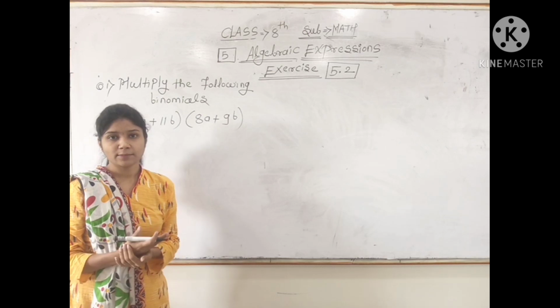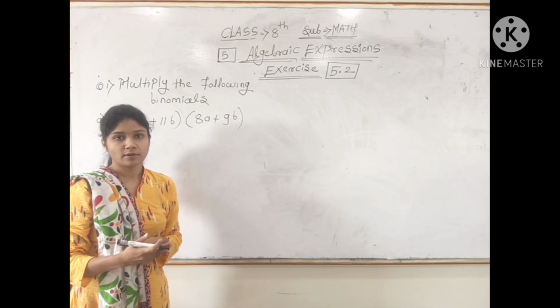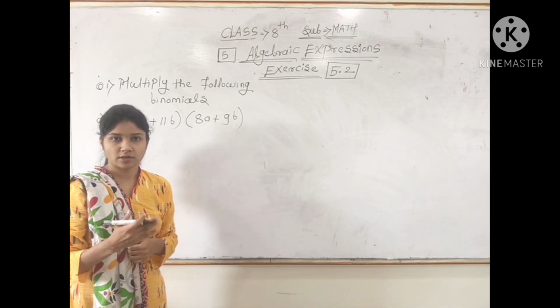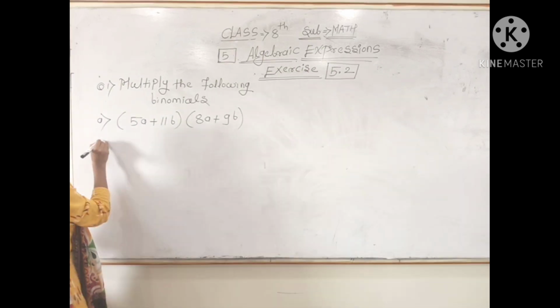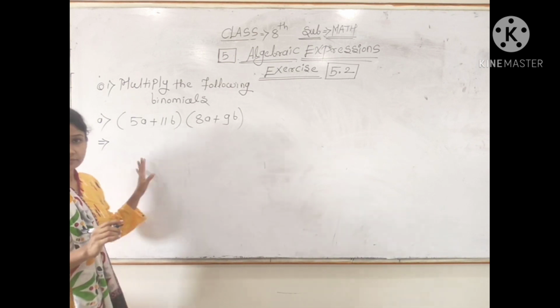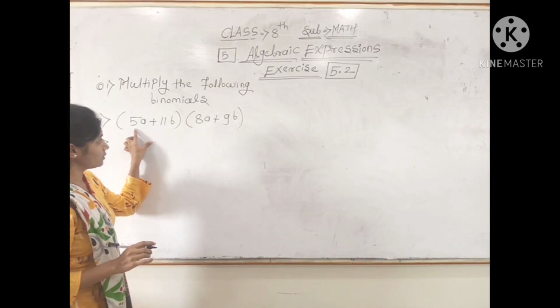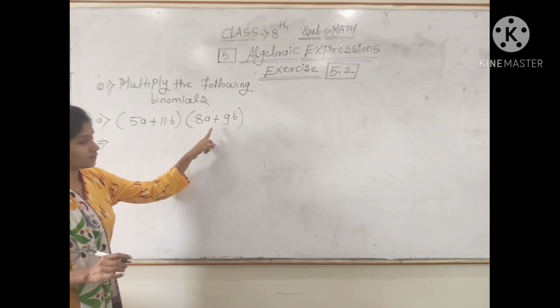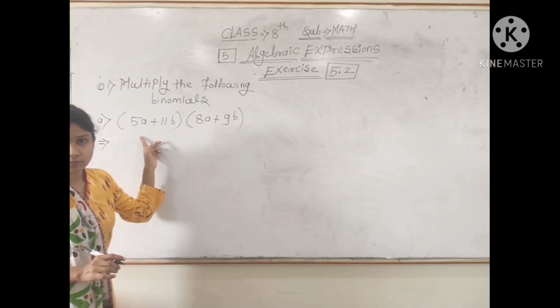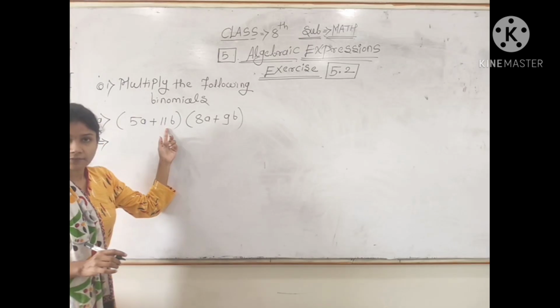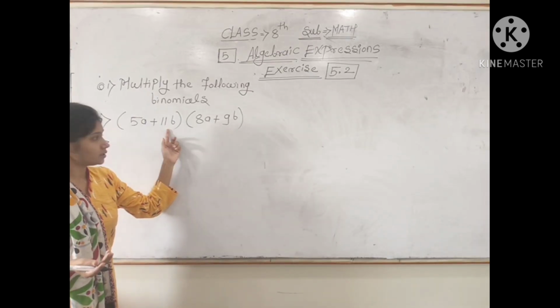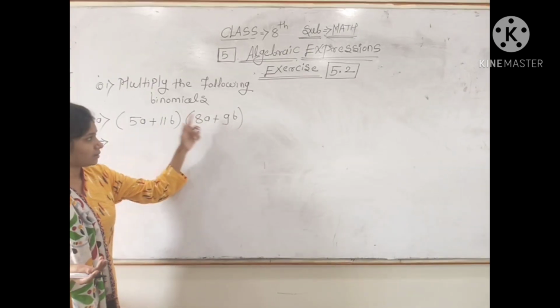So how do we multiply? All of you know which method to use for binomial multiplied by binomial. See here, student, I will explain step by step. Firstly, we multiply 5a by this bracket. After that, we multiply 11b by this bracket.